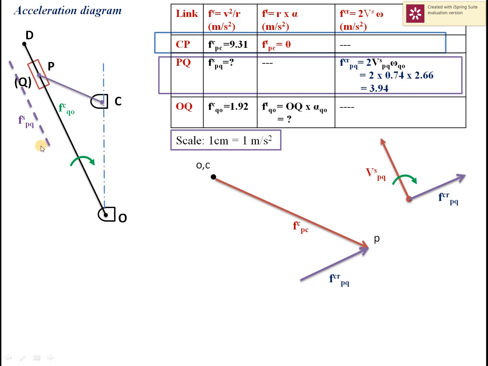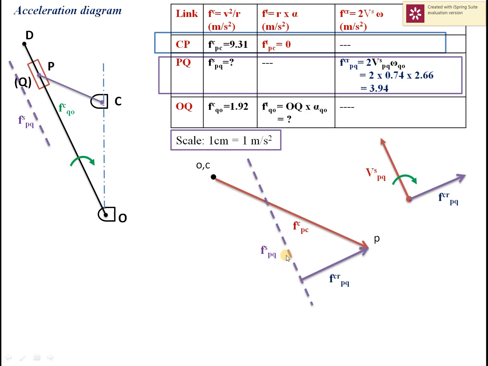Now we will add FSPQ to FCRPQ. FCRPQ is perpendicular to VSPQ, that is, it is perpendicular to this line of stroke, link OQ, and FSPQ is parallel to line OQ, so FSPQ becomes perpendicular to FCRPQ. So we will add FSPQ to FCRPQ at its tail.